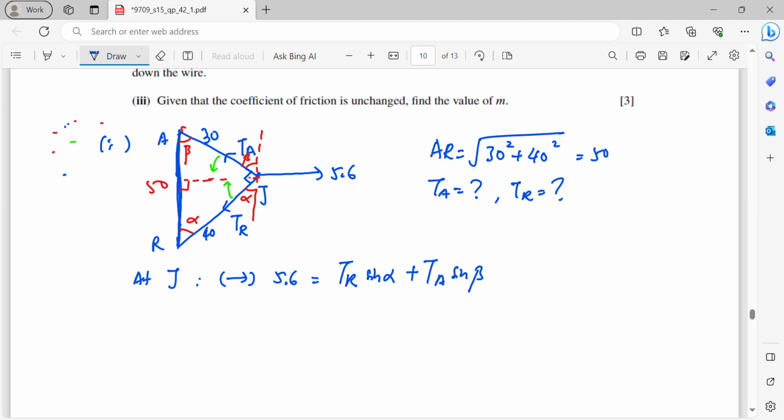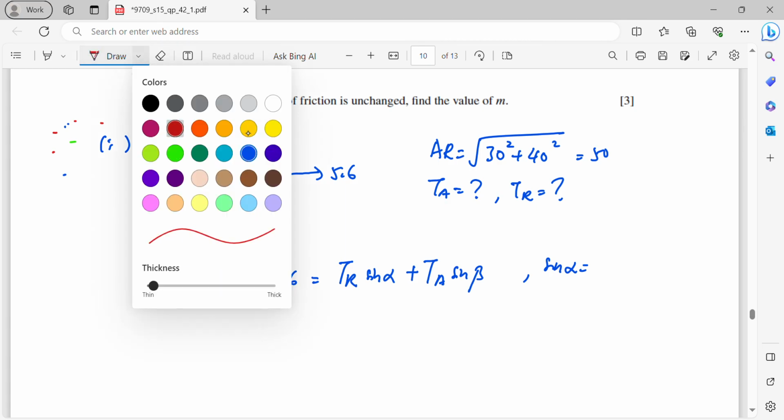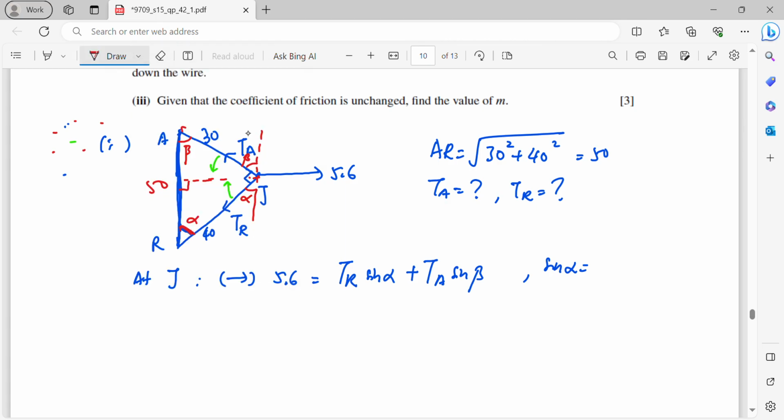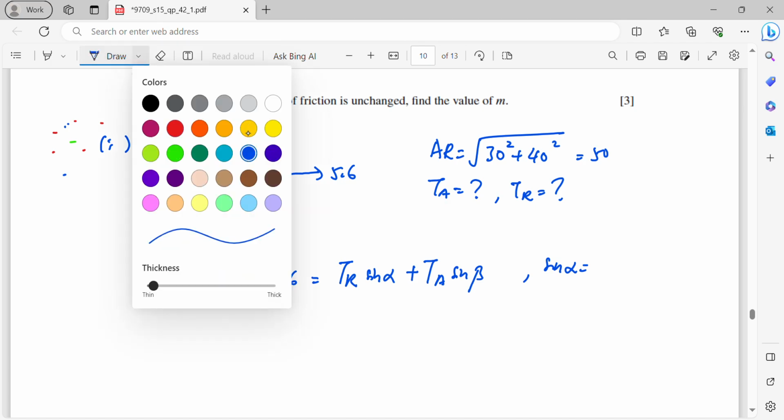Okay, now what are the values for sine alpha and sine beta? So for sine alpha, here, this is alpha, here is 90 degrees. So opposite side of alpha is 30. Sine is opposite over hypotenuse. So opposite side is 30, hypotenuse is 50. Therefore, 3 over 5.